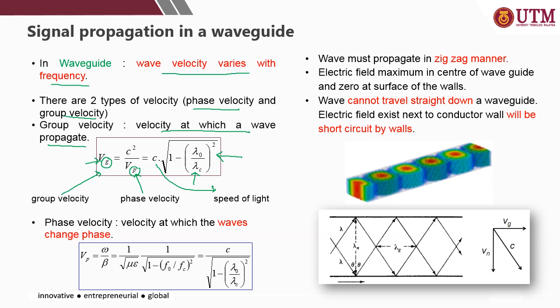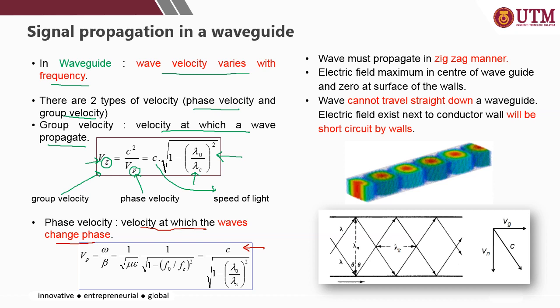The phase velocity is the velocity at which the wave changes its phase, and it can be calculated using this equation. It still relates to the speed of light, lambda naught, and lambda c. So what's the difference between f naught and lambda naught? Lambda naught is the wavelength, while f naught is the free space resonance or operating frequency.